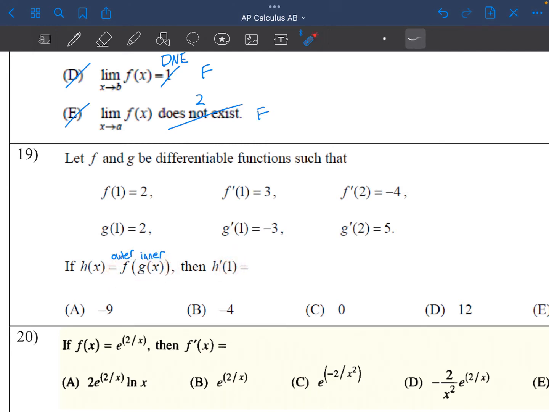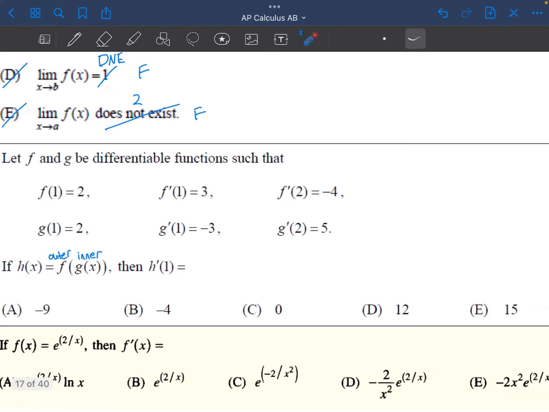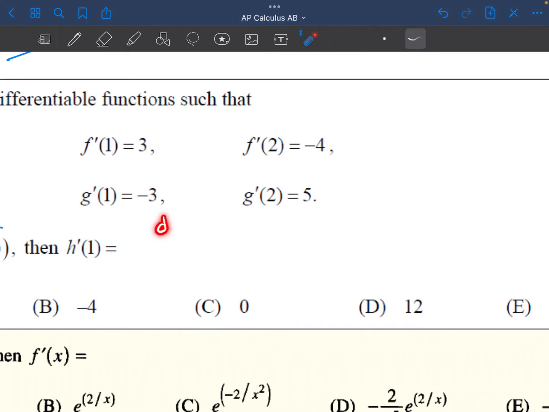All right, so this is just that definition of how do I take the derivative? Well, you do the derivative of the outer, then the derivative of the inner, and you multiply those together. So it's outer times inner, and I will write that as well. This is going to be the derivative of the outer multiplied by the derivative of the inner.